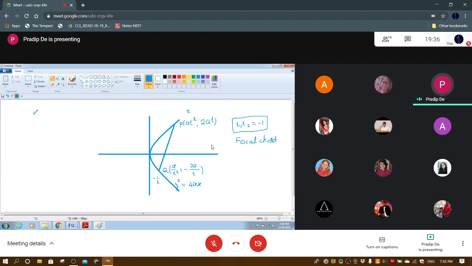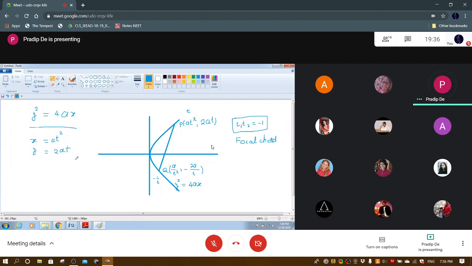See the Cartesian equation y square is equal to 4ax. The parametric equations for the same curve are x equal to at square, y is equal to 2at.